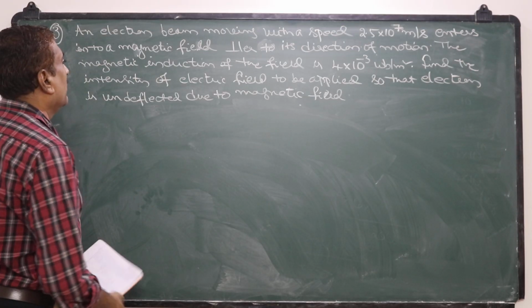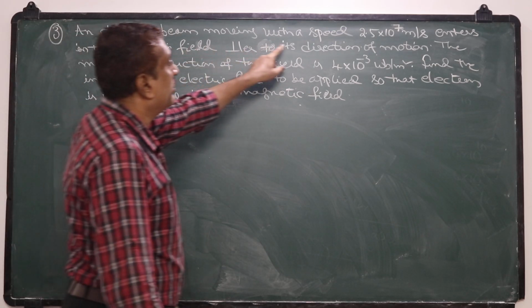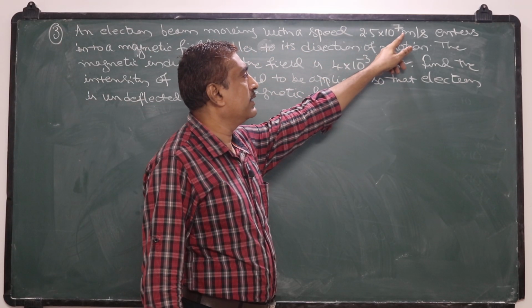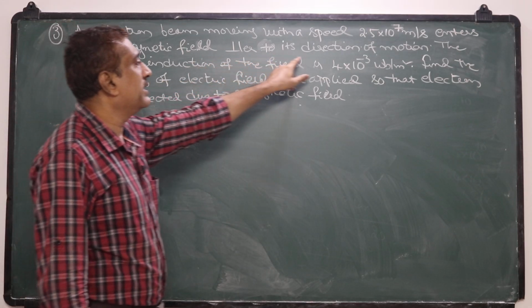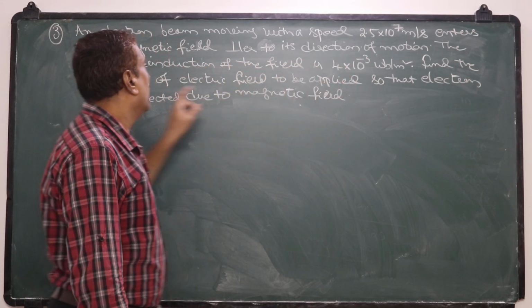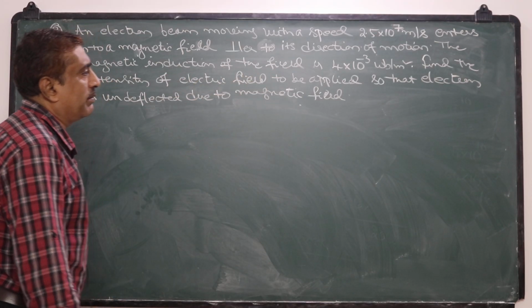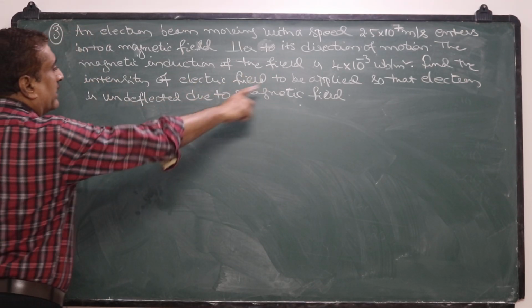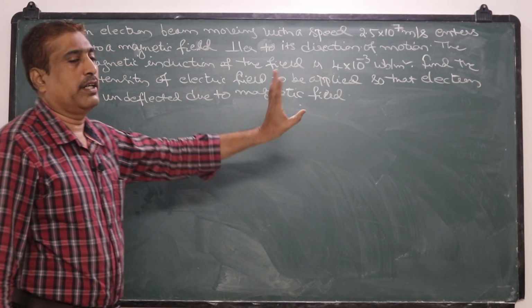Okay. Now the problem is an electron beam moving with a speed of 2.5 into 10 power 7 meter per second enters into a magnetic field perpendicular to its direction of motion. The magnetic induction of the field is 4 into 10 power minus 3 Weber per meter square. Find the intensity of electric field to be applied so that the electron is undeflected due to magnetic field.